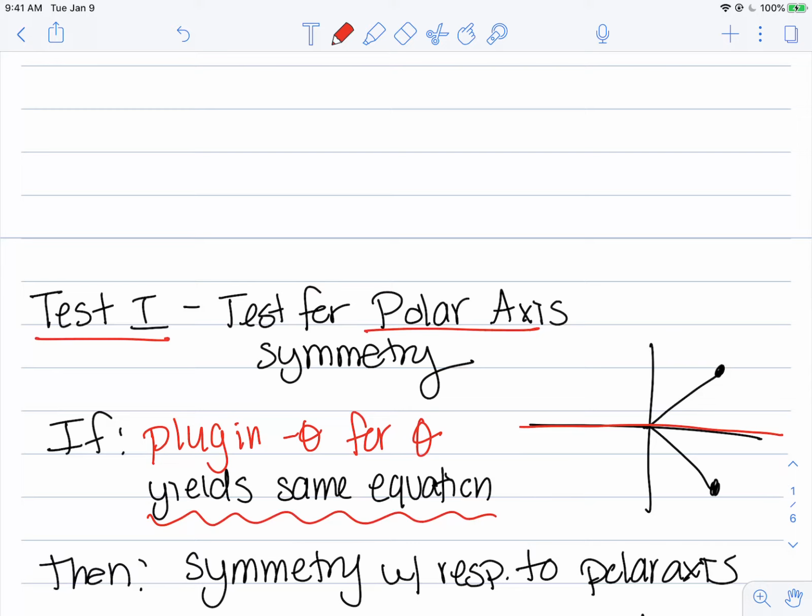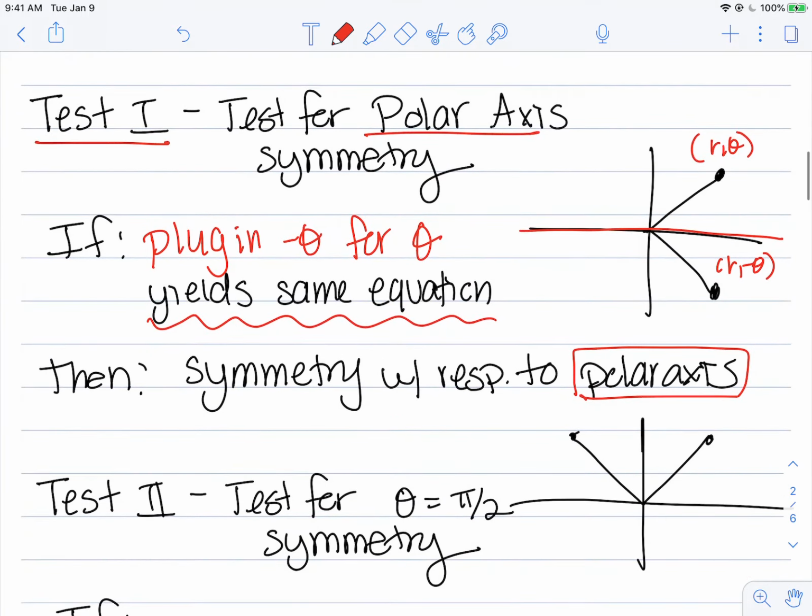Okay, so when you do this for the whole graph, you're basically checking that for every single point, if you have r theta, you're going to have r negative theta as a value. So that's the first test, symmetry with respect to the polar axis. And we'll do an example.